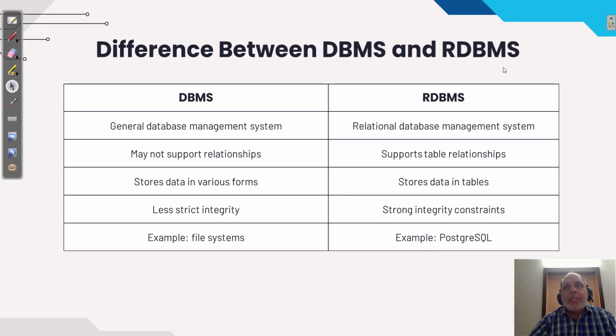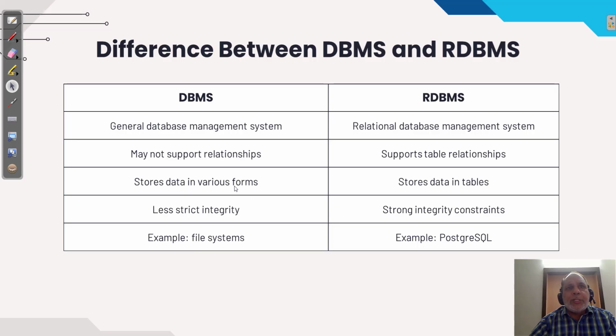The difference between the DBMS and RDBMS: DBMS is a general database management system, while RDBMS is a Relational Database Management System. So RDBMS means it has relationships between the tables. DBMS may not have relations, and RDBMS supports table relations.